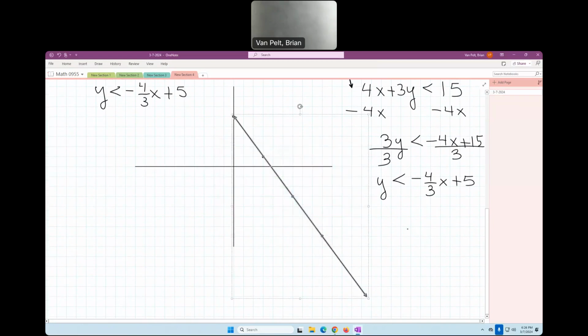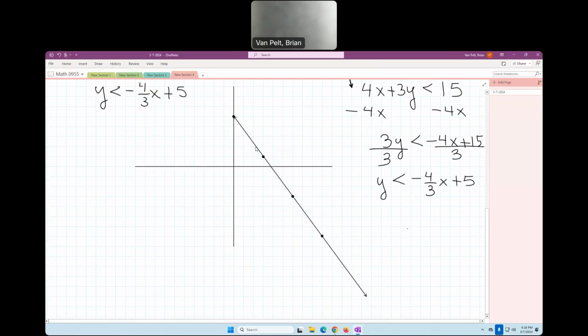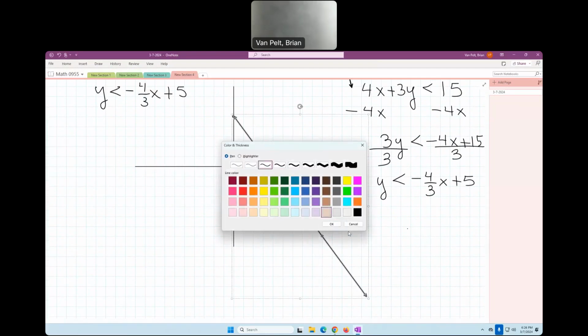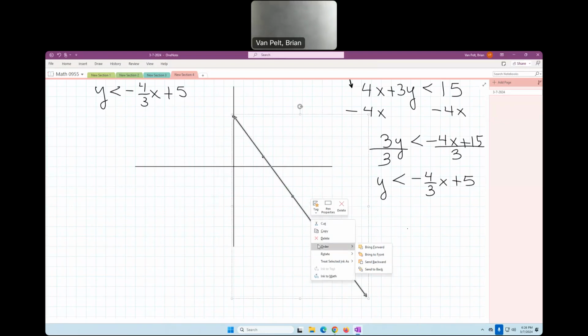Oh, I see. Treat selected ink as handwriting. We'll see why in a minute.